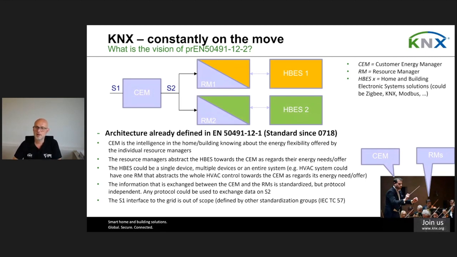I always compare the architecture with sort of an orchestra, where the SEM is the director of the orchestra, and the resource managers are the different musicians.